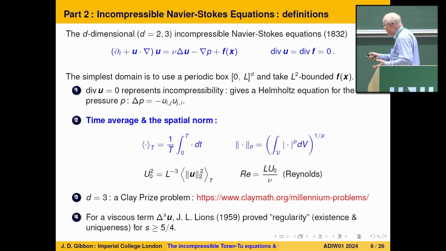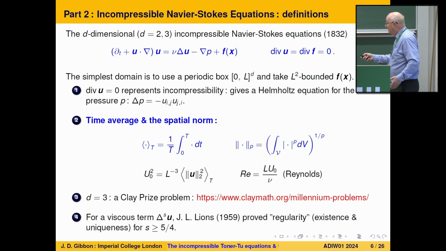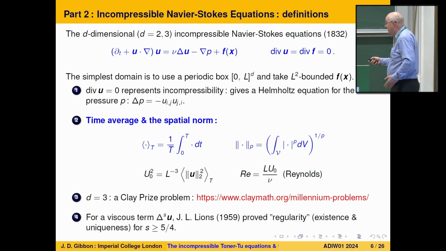This bracket means time average up to time capital T. This double bracket is an L^p norm defined like this, and therefore I can define a U_0 for my Reynolds number based on the response of the Navier-Stokes equations, because the energy is a bounded object.